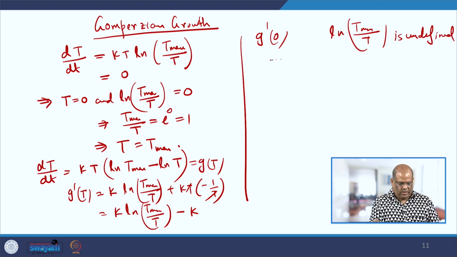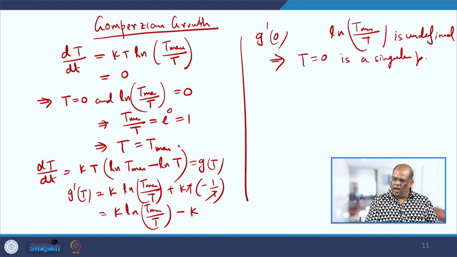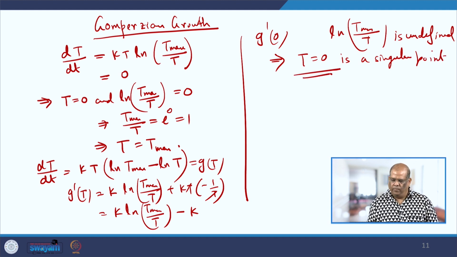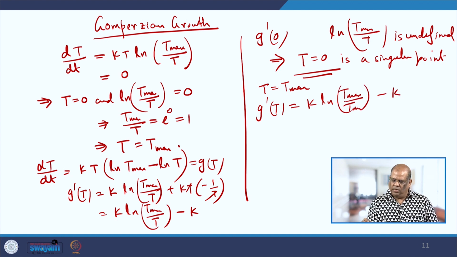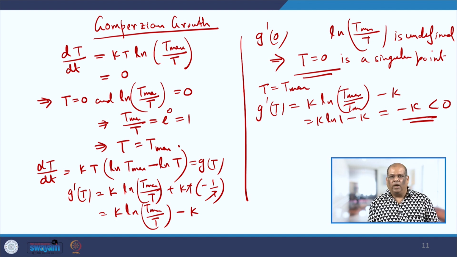And this implies that here T equal to 0 is a singular point, and we cannot conduct the stability analysis for this point T equal to 0. So we stick to only T equal to T max. And you see that G dash T is equal to K ln T max divided by T max minus K. This is log 1, which is 0, and you are left with minus K, which is less than 0 because K is positive.